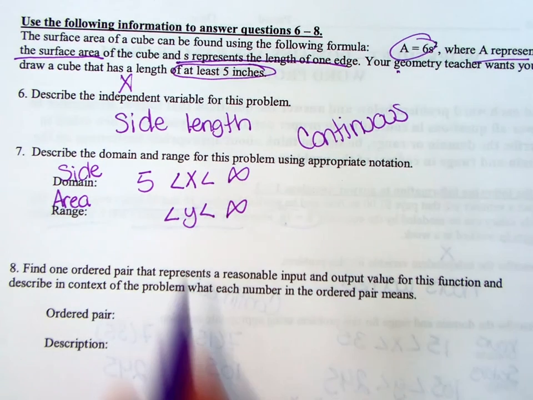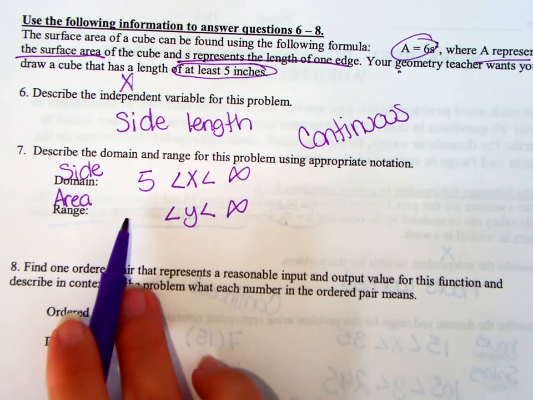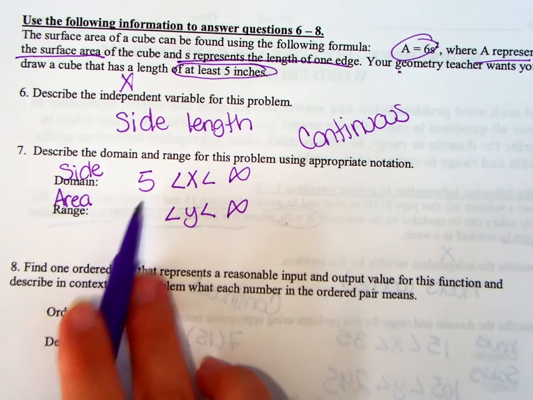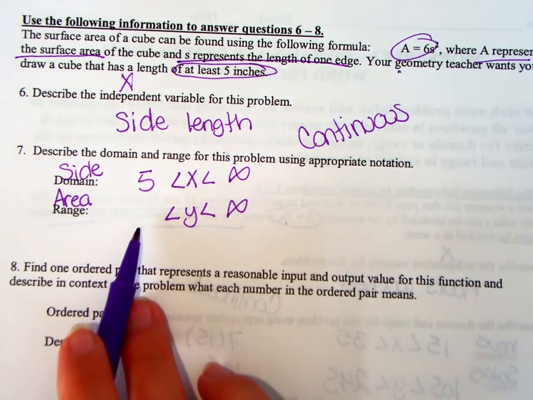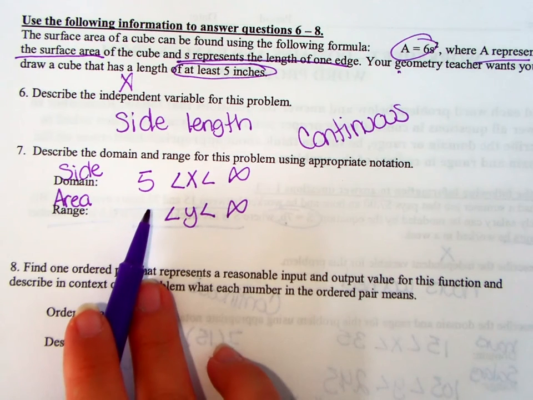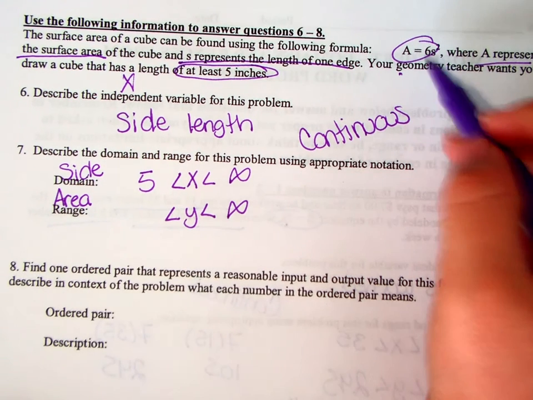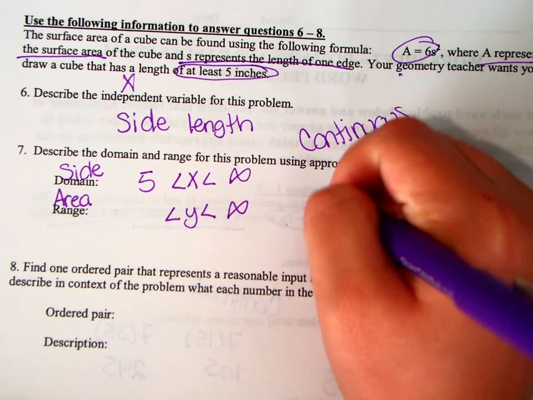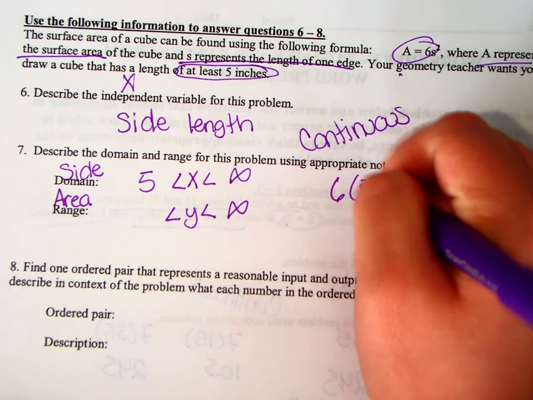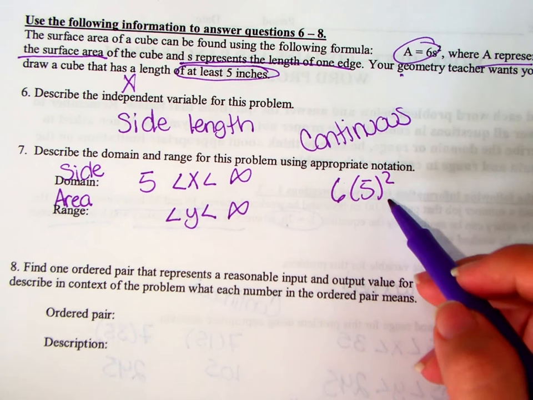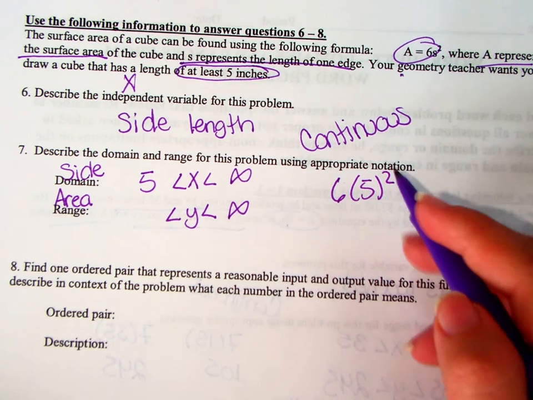So I need the last number, the range, the y value for 5. How do I find the area if the side is 5? Use the formula they gave us. So 6, 5 squared. What is 5 times 5? 25.